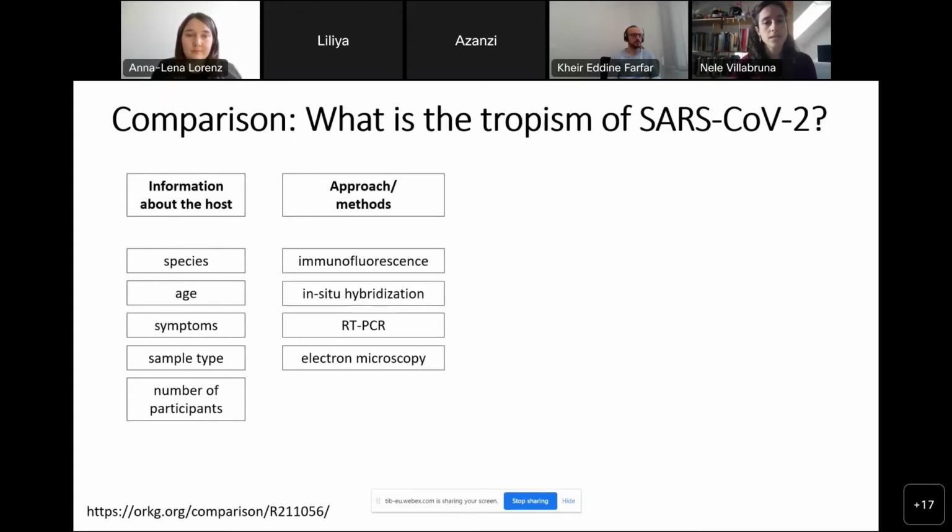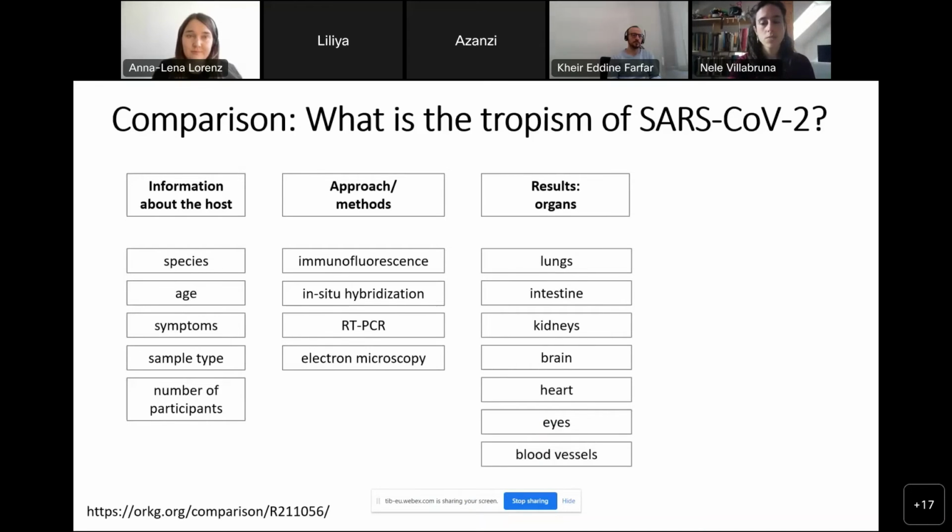I also looked at the approaches and methods. The first two, immunofluorescence and in situ hybridization, are basically staining methods for certain viral proteins that can be detected in these biopsies. RT-PCR is used to look for genetic material of the virus, and electron microscopy is really visualizing the virus particles themselves.